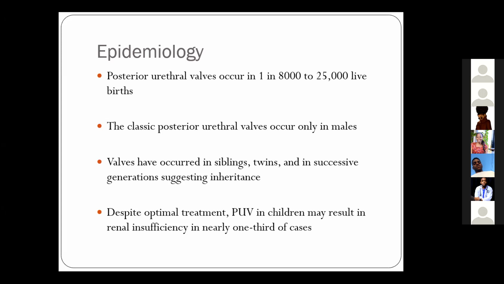So even when you manage these patients, later on they usually develop renal insufficiency, and maybe 50% of these patients will end up with end-stage renal disease. So even when you manage it in time very well, you should always counsel the parents that later in life, these children may have renal insufficiency, and therefore the importance of monitoring their renal function.